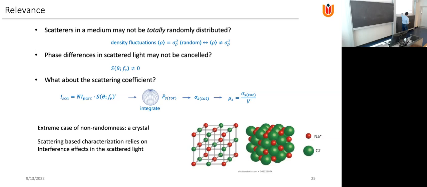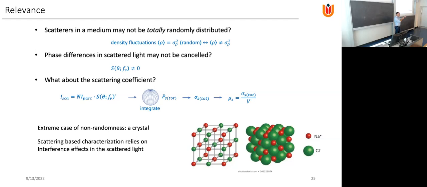Here the scatterers are exactly at the corners of the crystal lattice. And you can turn this around in your favor: you can look at scattering patterns by these crystals, and from these patterns you can infer what the organization of these scattering centers in the crystal was. So this is an extreme example.